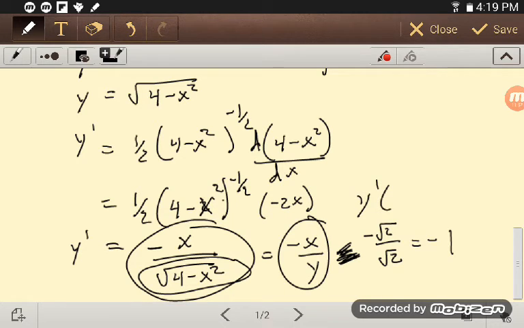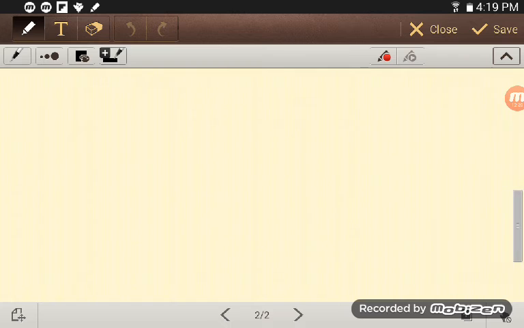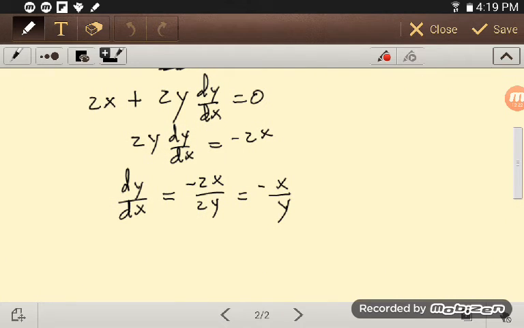This is y prime at square root of 2 equals negative square root of 2 over square root of 2, and that's equal to negative 1. Okay, so I get it that way, or I could have done it here with this, and again, that's if I want y prime at the square root of 2.